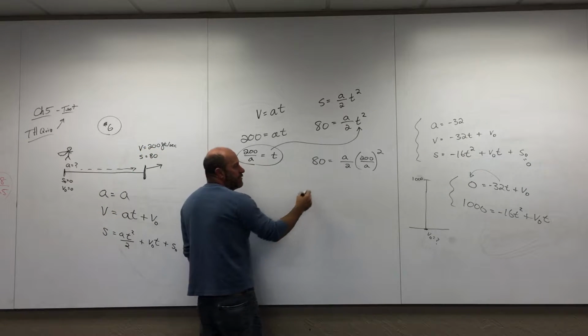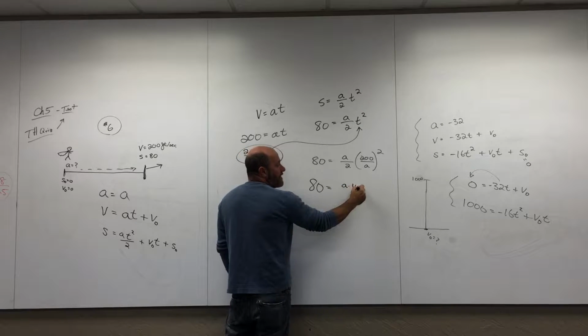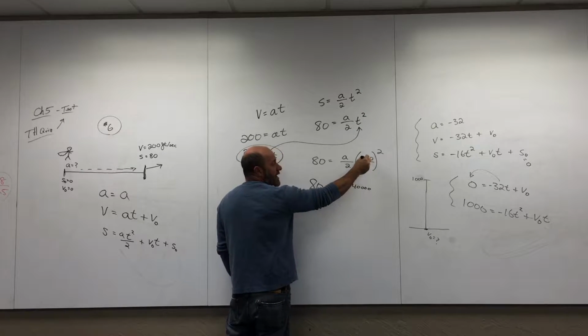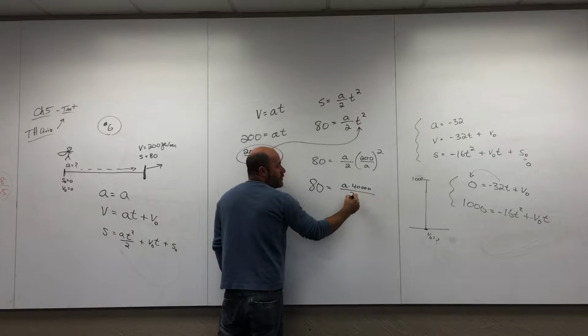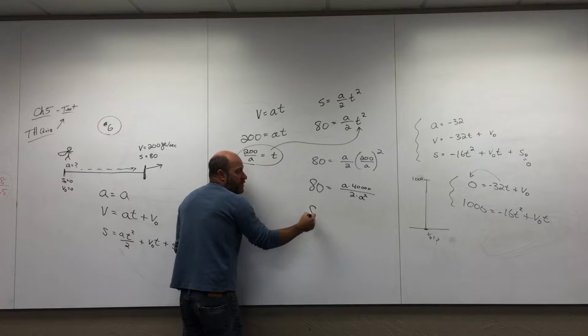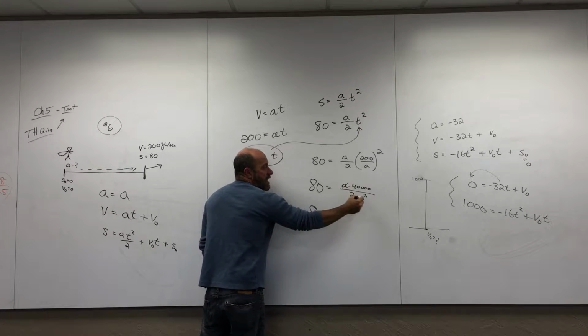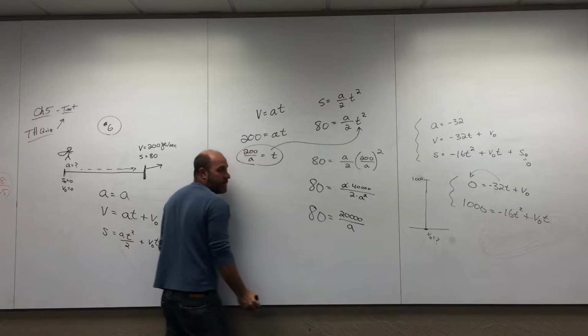And this is not too bad. That's an a, that's a 40,000, I think, when you square that. Yeah. This is a 2, and this is an a squared. If I do a little canceling, the a cancels with one of those a's. This 2 makes this 20,000 over a.